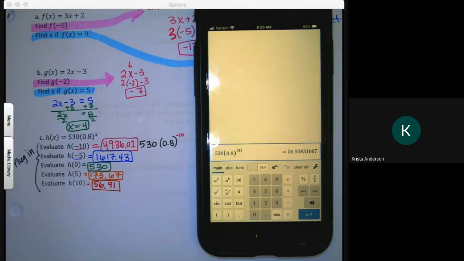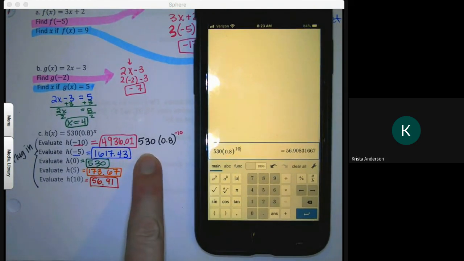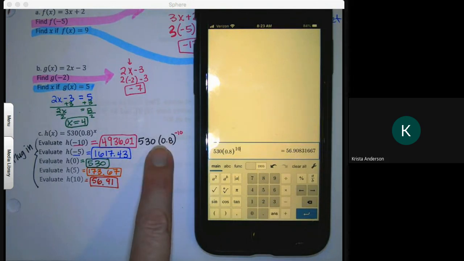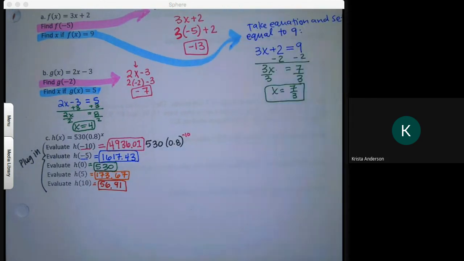Does anybody want me to write off to the side how I did with this first one? What it would look like typed on the calculator? I will just in case.